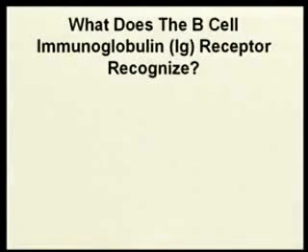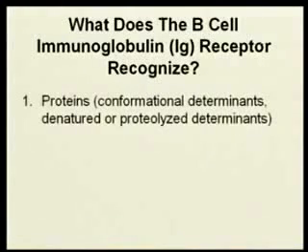So the first thing we will look at is how the ability of the B cell to recognize different peptides or antigens differs from the ability of the T cells. Most of this lies in the fact that the T cells have to recognize the antigen in association with MHC class 1 or class 2 molecules, whereas the B cells don't need this interaction, and they can recognize a number of different types of antigens.